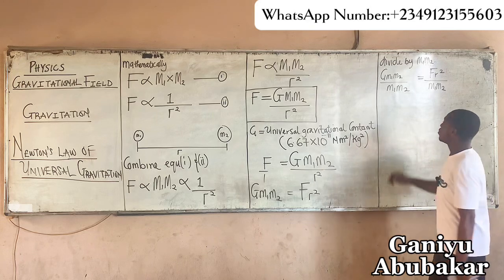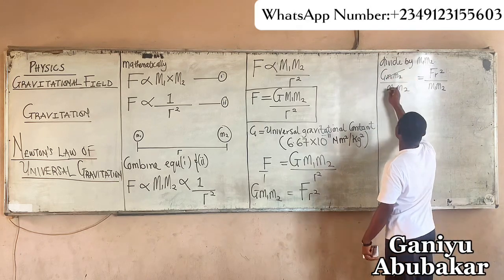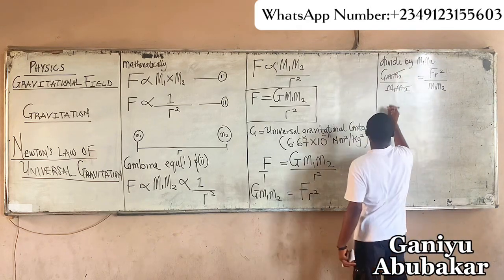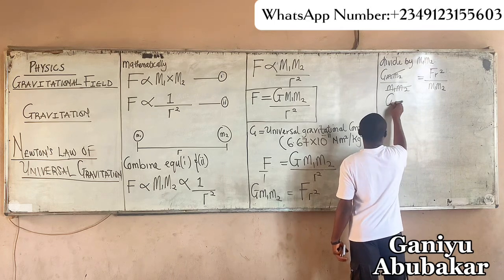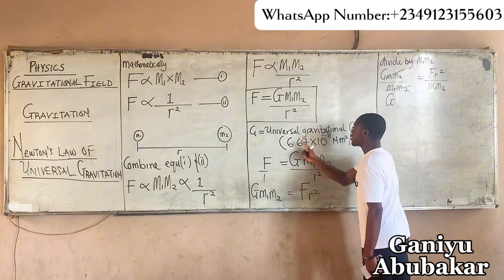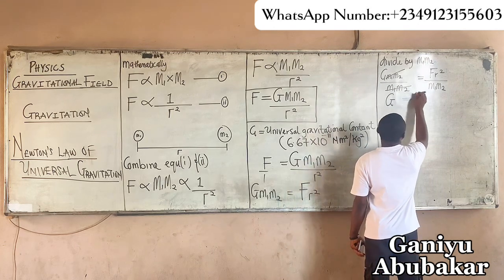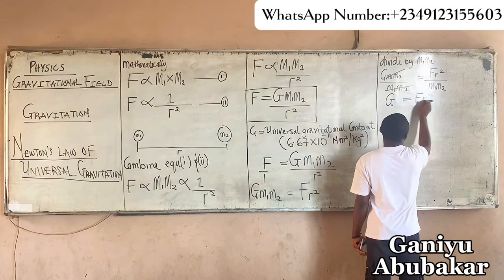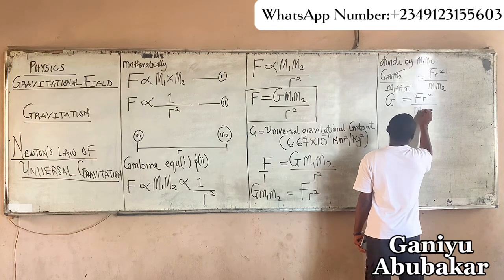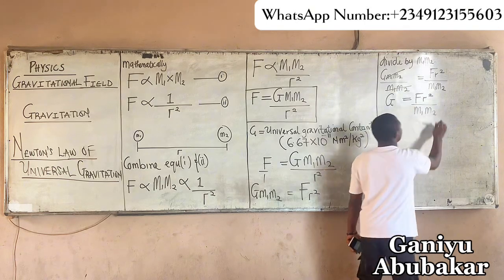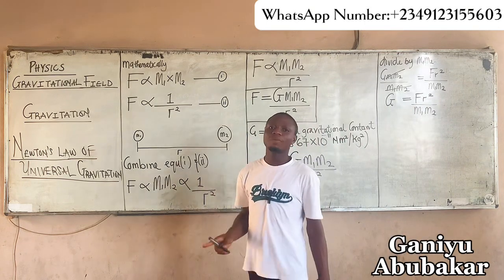What do you observe? This should cancel this. I'll now have that G, which signifies the universal gravitational constant, is equal to F R squared all over M1 M2.